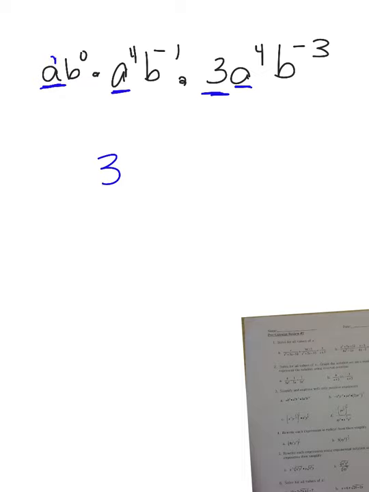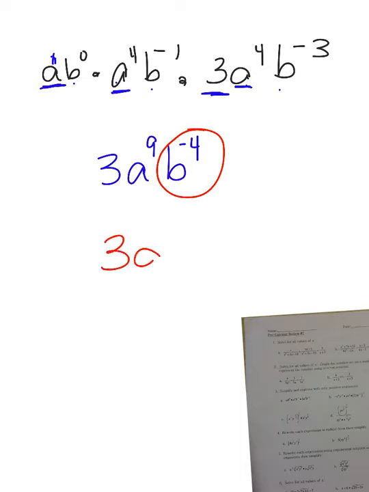So I have a to the 1st times a to the 4th is a to the 5th times a to the 4th is a to the 9th. B to the 0 times b to the negative 1 is b to the negative 1 times b to the negative 3 is b to the negative 4. So remember, to make an exponent positive, you put it into the denominator. So it's 3a to the 9th over b to the 4th.